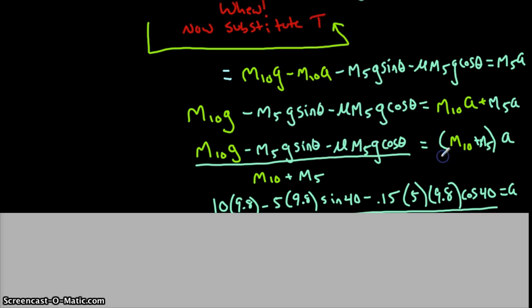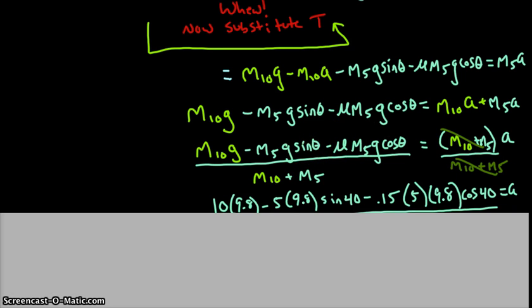We're going to divide both sides by m10 plus m5. So we lose it from this side, we're also dividing it on this side, and then we get for our final expression for the acceleration this big value right here. If we were asked to do things in terms of only symbols, we would be done.